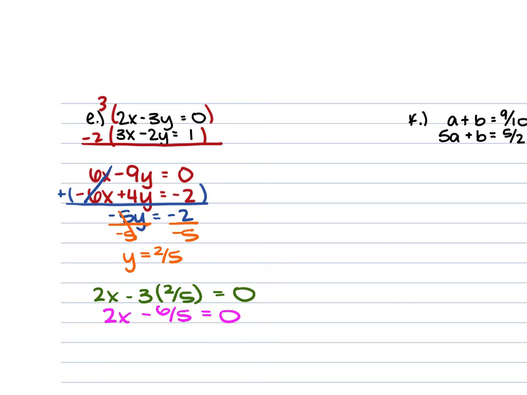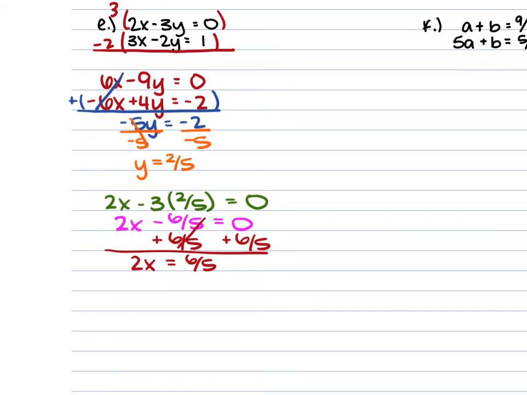I'm going to add over that 6/5 to each side. And this is going to give me 2x is equal to 6/5. From here, I'm going to divide each side by that 2 to get x by itself. So when I divide that 6/5 by 2, I'm going to keep in mind my rule for division with fractions: keep, change, flip.